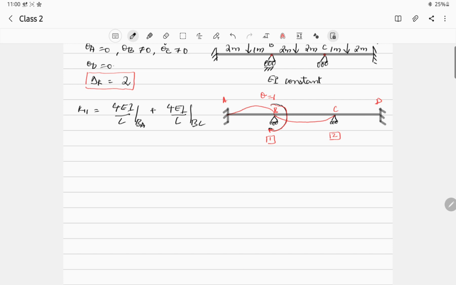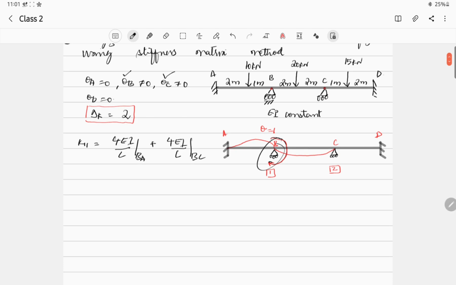If I am rotating theta at B, my node is trying to get rotated, and because of this rotation, span BA and span BC have some deflection, whereas span CD does not have any deflection. Moreover, you can see here we have not used any external loads in our calculation. We have only used the spans and conditions.